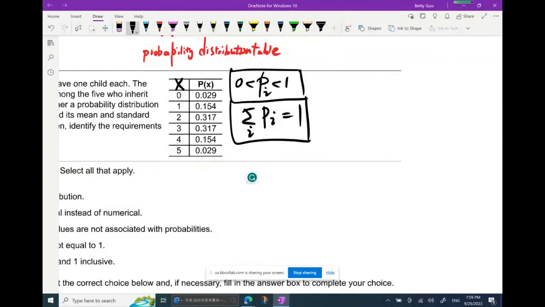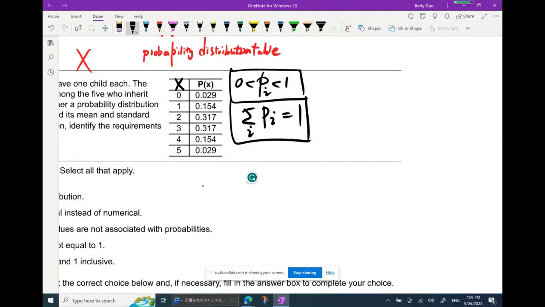By the way, the main difference between a frequency distribution table and a probability distribution table is that a frequency distribution table is mainly for a sample, and a probability distribution table is for a population. The random variable X here represents the population, or a feature of the population. So this is about the population.